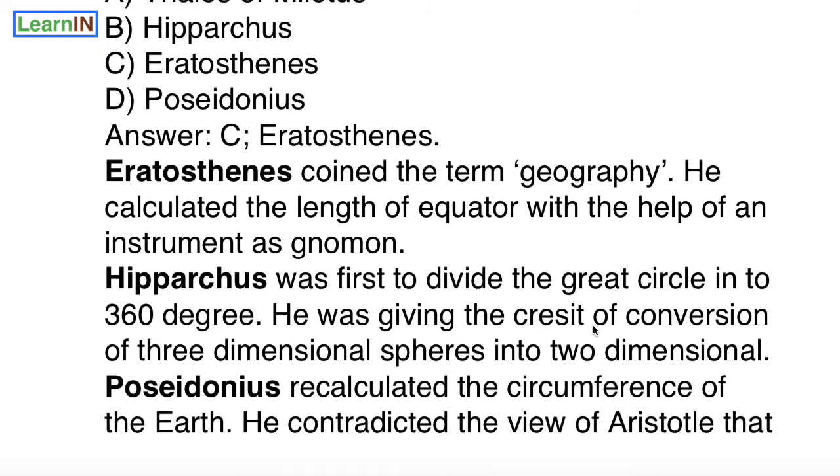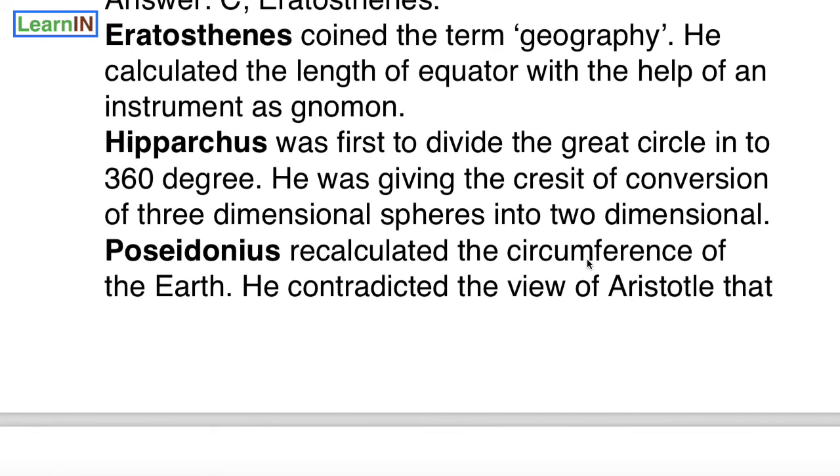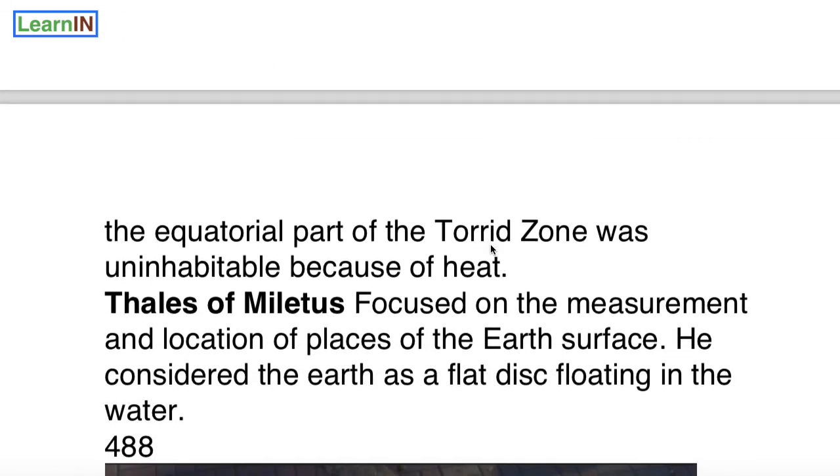He was given the credit of converting three-dimensional spheres into two-dimensional ones, meaning he produced 3D spheres on paper in 2D. And Posidonius recalculated the circumference of the earth. He contradicted the view of Aristotle. He disagreed with Aristotle that the equatorial part, the torrid zone, was uninhabitable because of heat.